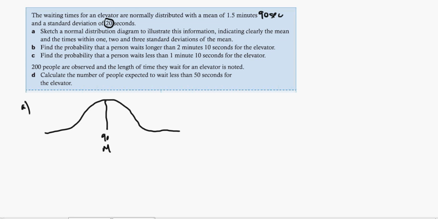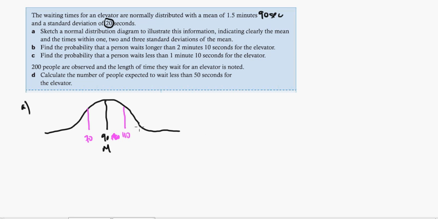Now let's do the first standard deviation. The first standard deviation would be here and here. Since it's 20, we just do 90 plus 20, which would be 110, and then 90 minus 20, which would be 70. Then you do the same thing and keep adding on.